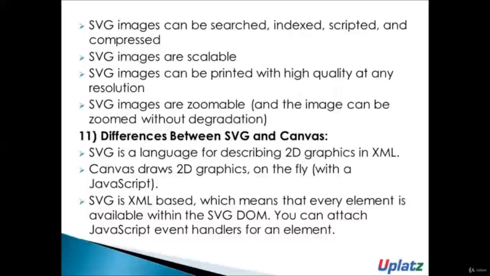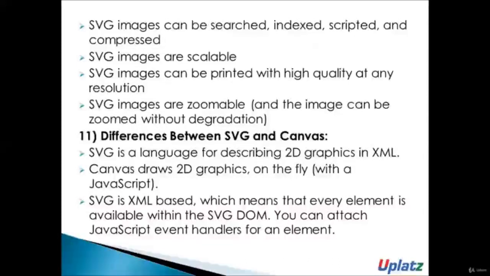So next is the difference between SVG and Canvas. SVG is a language for describing 2D graphics in XML, whereas Canvas draws 2D graphics on the fly. So SVG is XML based, which means that every element is available within the SVG DOM.